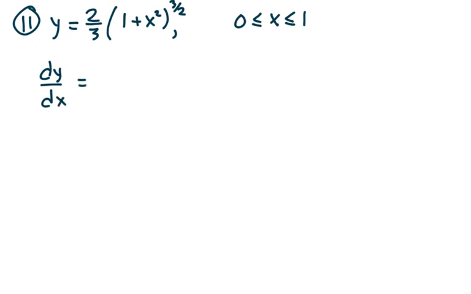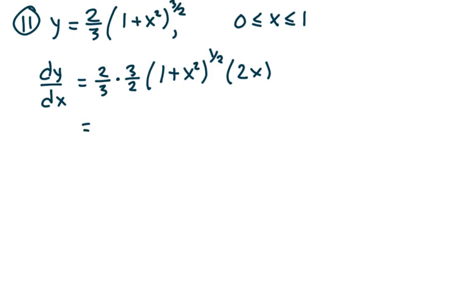Again, we're looking for arc length. This is 2/3 times 3/2 times 1 plus x squared to the 1/2 times 2x. So this is basically chain rule. And if we simplify a little bit, we get 2x times the square root of 1 plus x squared.